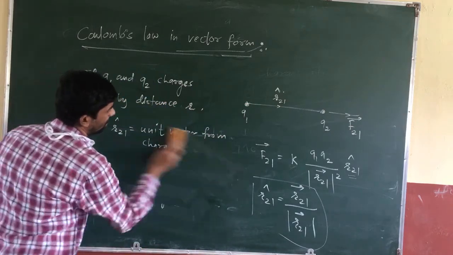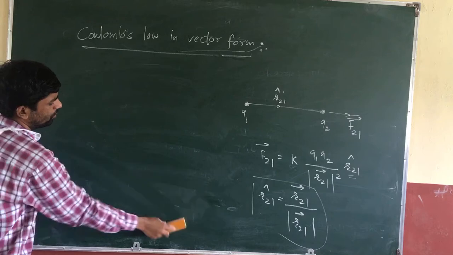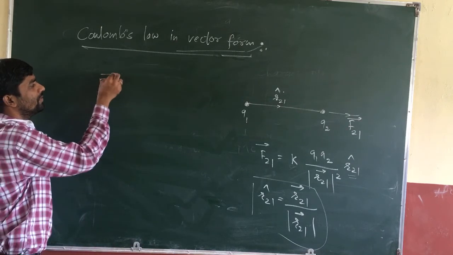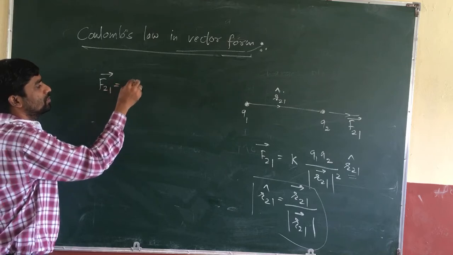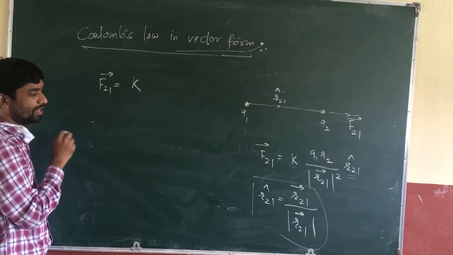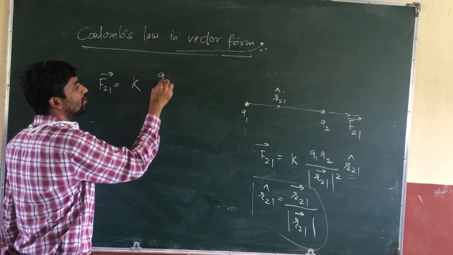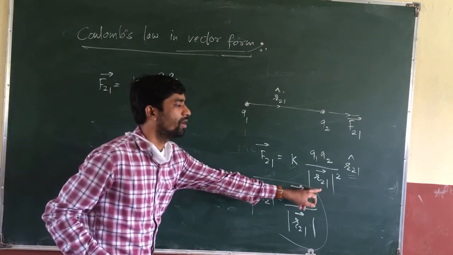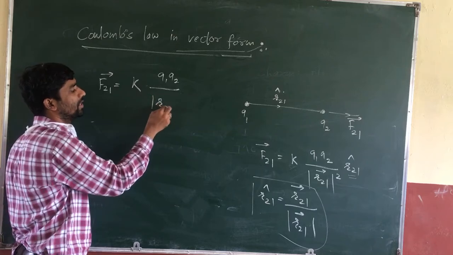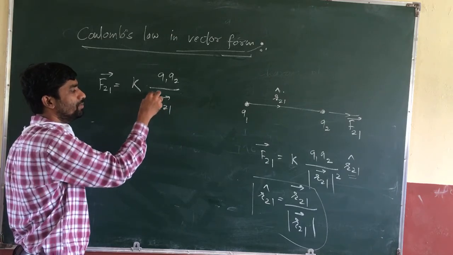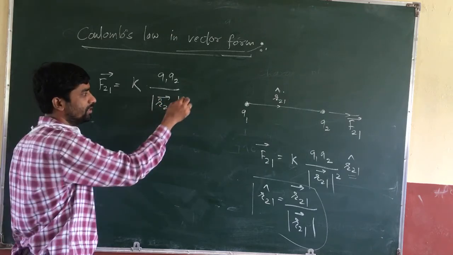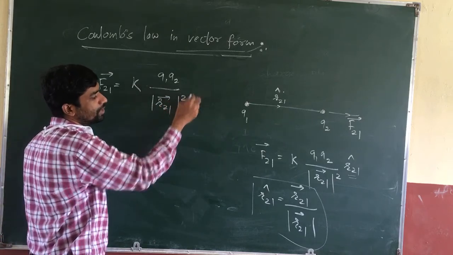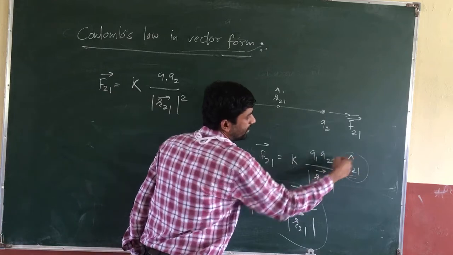Then how will you write the equation for the Coulombic force? The Coulombic force equation, vector F21, equals the proportionality constant K, q1 q2 divided by the magnitude of R21 vector squared, into the unit vector R21.